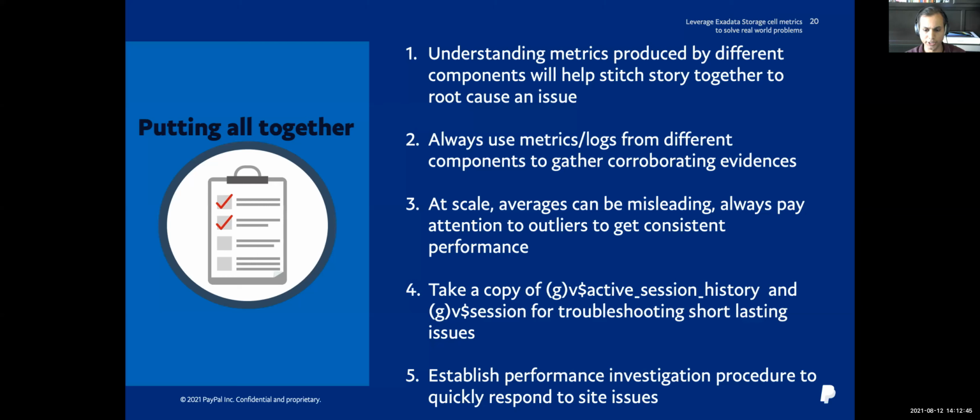When I say site issue, I mean if you are having a performance issue and your business is taking impact, the long-term solution could be totally different, but how can you resolve that particular issue at that moment and bring the site back to the normal state? So establishing good procedures for performance investigation, or for that matter any kind of issue, having a good process and procedure will help you quickly respond to issues.